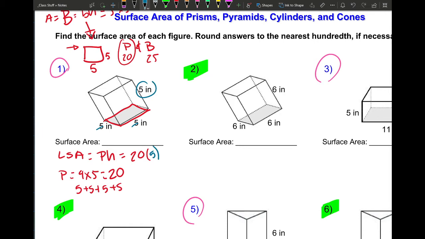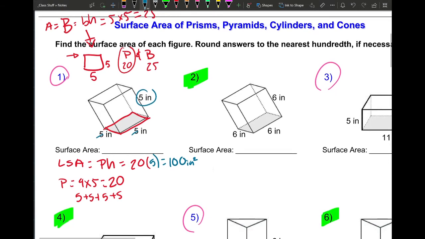So 20 times 5 is 100 inches square. We're talking about area, so it has to be square. Now, that's just the lateral surface area, so that's not going to cover the top and the bottom. It's just like painting a room. You're just painting the walls. You're not painting the floor or the ceiling.